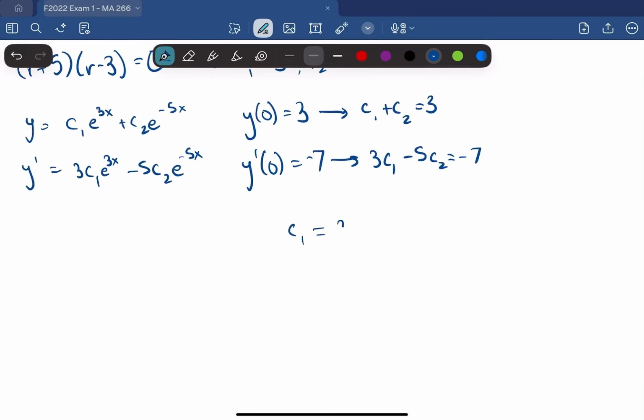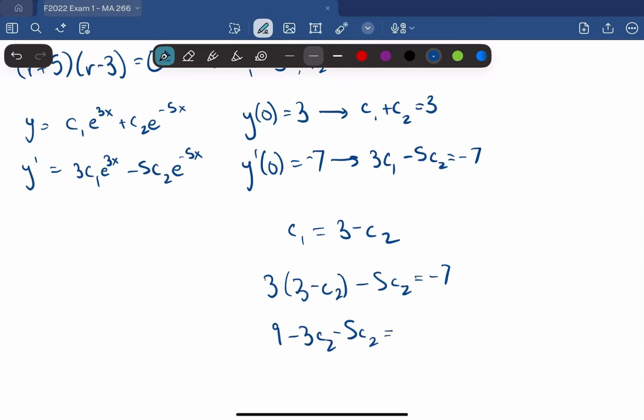Then we plug that into the second one: 3 times 3 minus c2, minus 5c2 equals negative 7. We get 9 minus 3c2 minus 5c2 equals negative 7.